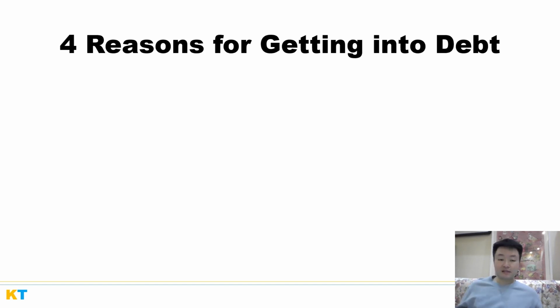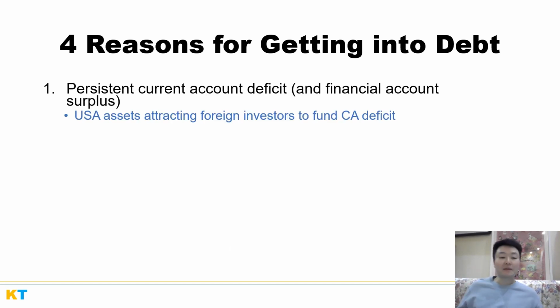But nevertheless, there are 4 reasons why countries still get into debt. Number 1, there might be a persistent current account deficit, and as a result, financial account surplus. So for example, USA assets attract foreign investors to fund the current account deficit.